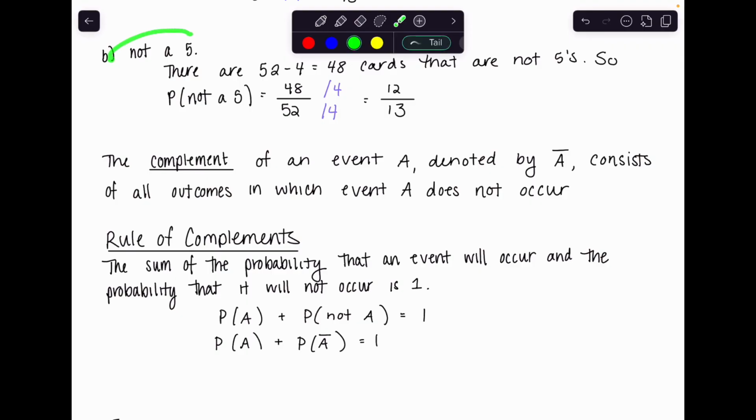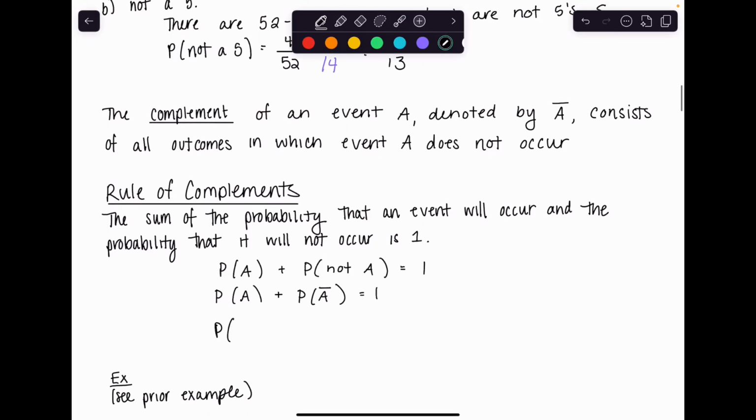So sometimes an event can be really difficult to work through, especially if you have words like at least. Well, in that case, the complement might be an easier event to look at. So what you can actually do is just rearrange this. If I go ahead and subtract this probability to the other side, what I get is the probability of the complement occurring is 1 minus the probability of the event occurring.